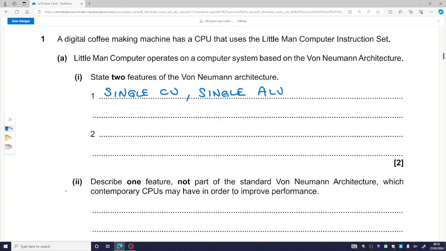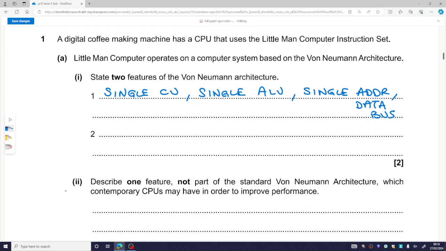The other classic thing is you've got a single set of buses, and the key word there each time is single, which will lead you into one of the differences with Harvard and other architectures. So we've got single address and data bus, which leads to one of the problems of von Neumann, remember, bottlenecks.